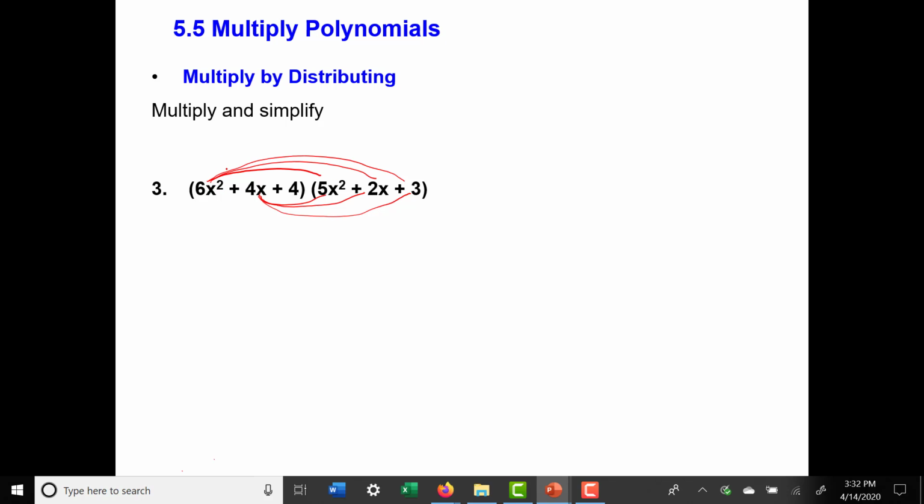Let's distribute 6x to the second through this parenthesis.